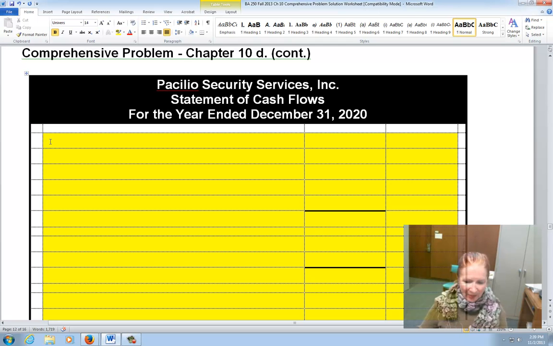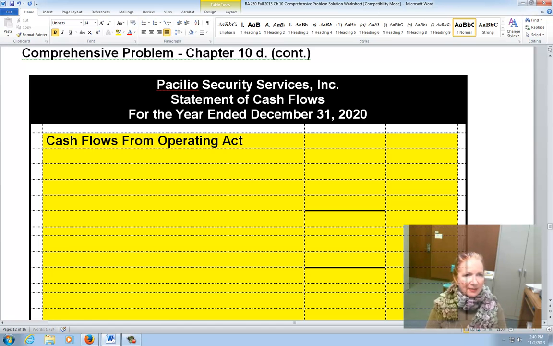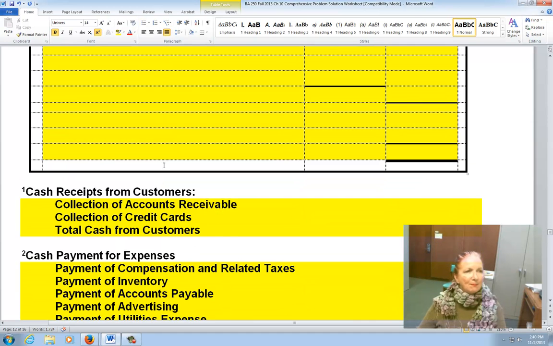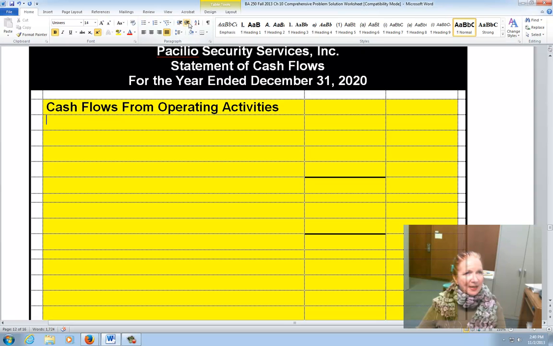So here we have cash without the J, cash flows from operating activities. And when we have cash flows from operating activities, the first thing we're going to have here is cash receipts from customers.